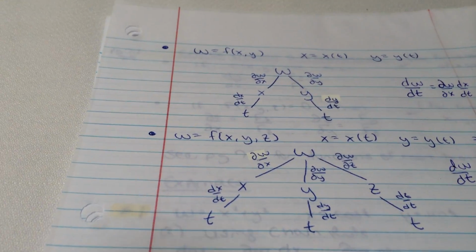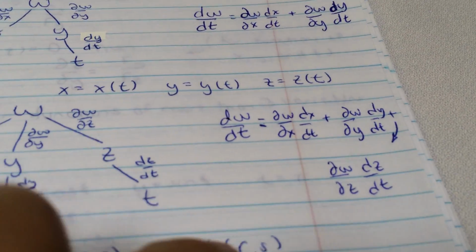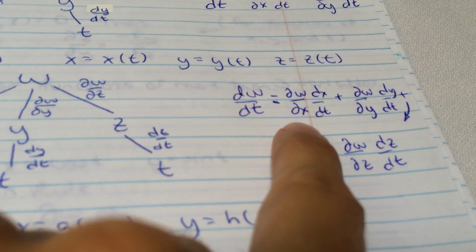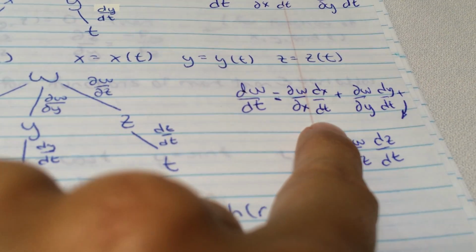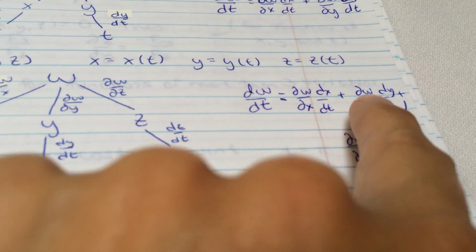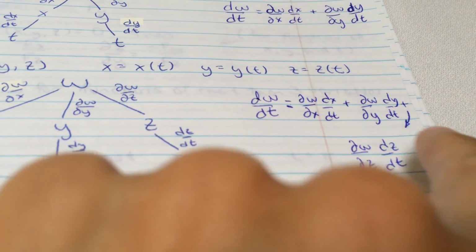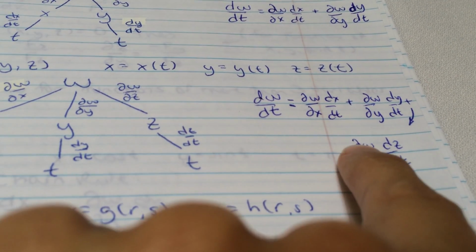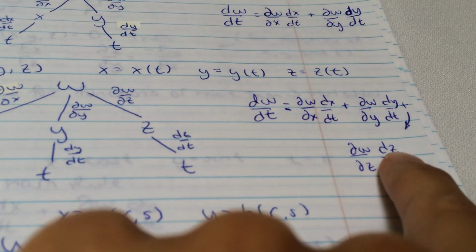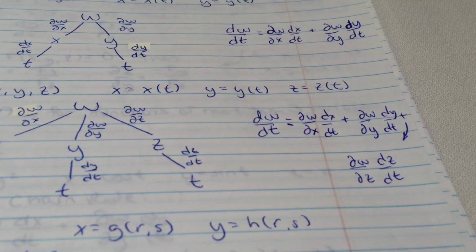All right, that's super messy, I hope you can read it. It should be curly dW, curly dX, straight dX, straight dT, plus curly dW, curly dY, straight dY, straight dT, plus, down here, curly dW, curly dZ, straight dZ, straight dT. So that's the way the branch diagrams work for those.